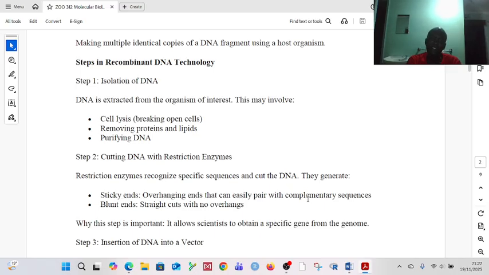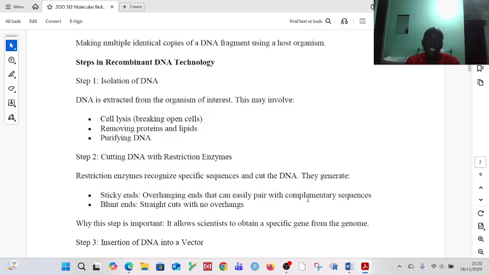The steps of extraction include cell lysis, then there is the removal of proteins and lipids, then you now have to purify the DNA. Then you are not joining in the entire DNA with the DNA of the second organism.